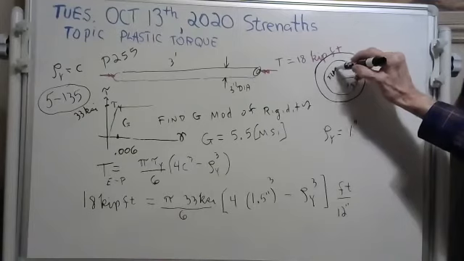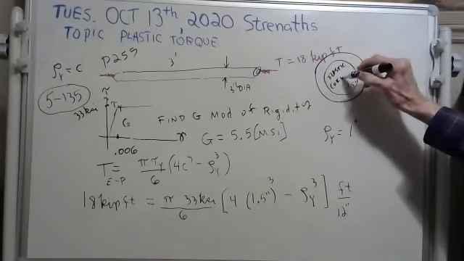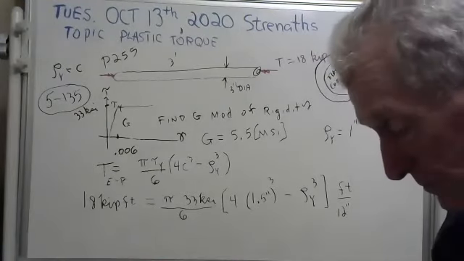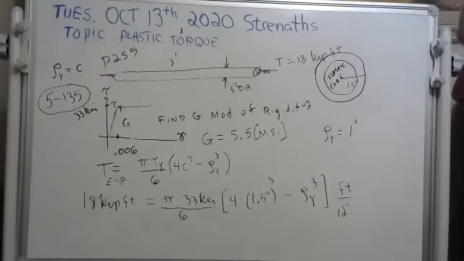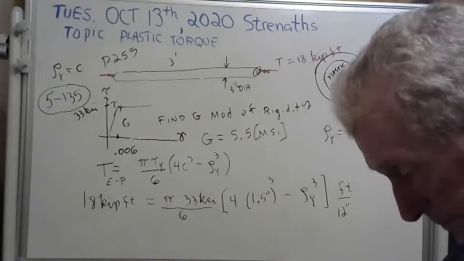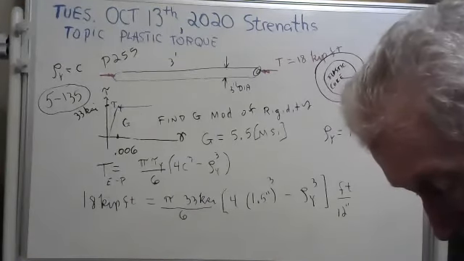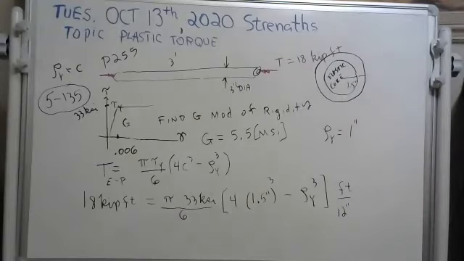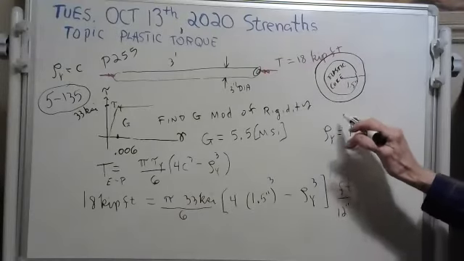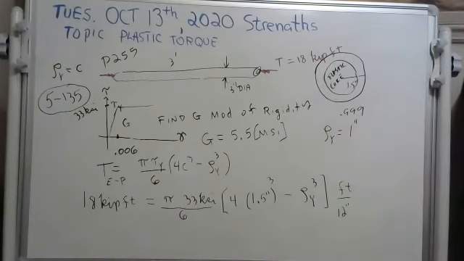Here it is, the elastic core. And if you go back here and look at the answers of 5,135, we'll see what the book says. They said 1 inch. Actually, when I did this, I got 0.99, a whole bunch of nines. I just rounded it off to 1 inch.